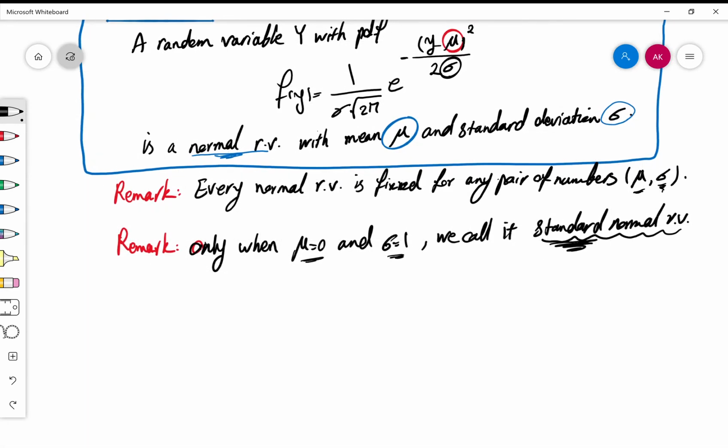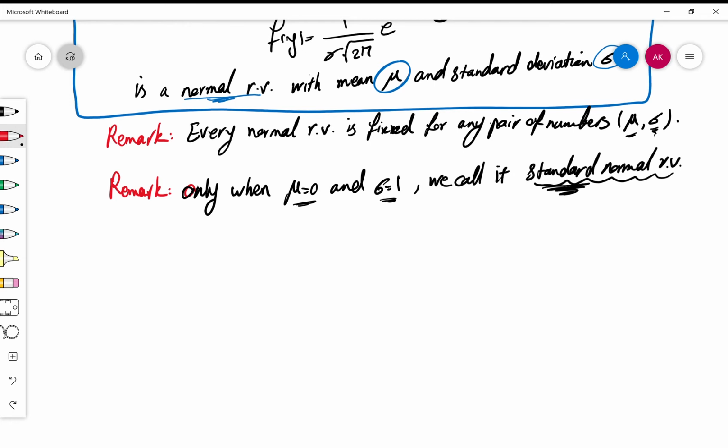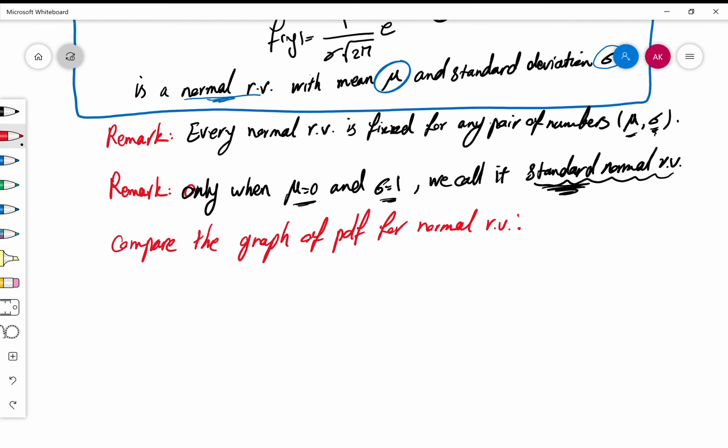Okay, how about the graph of the PDF? So compare the graph of the PDF for normal random variables.